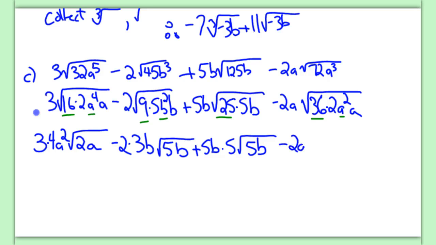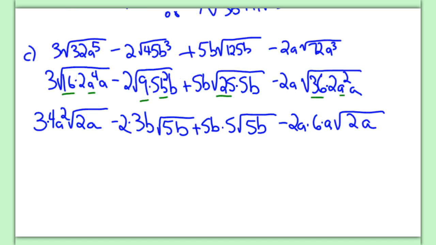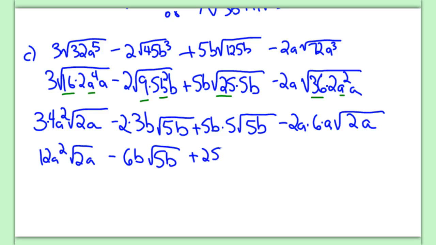Minus 2a and a 6 and an a, what's left inside is 2a. When we combine and multiply out, simplify, I have 12a squared root 2a, minus 6b root 5b, plus 25b root 5b, and minus 12a squared root 2a.